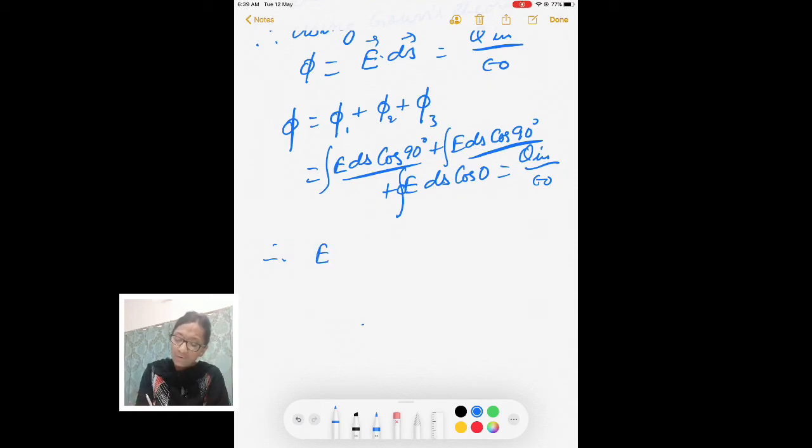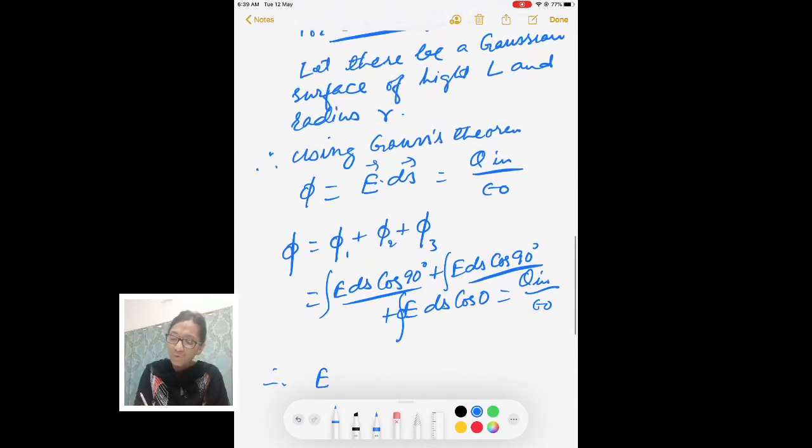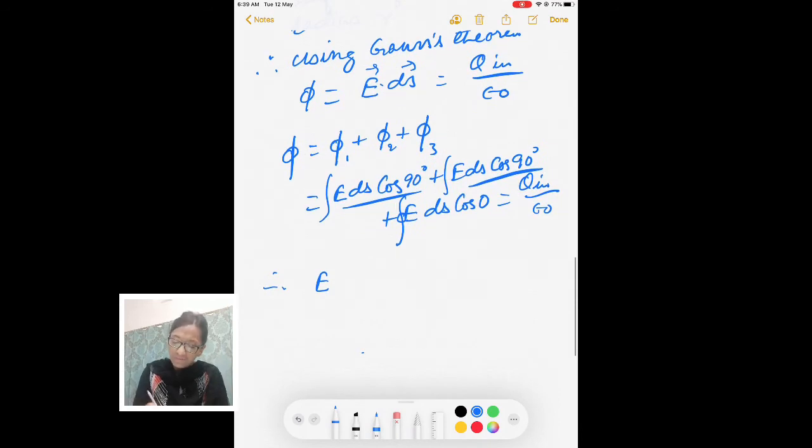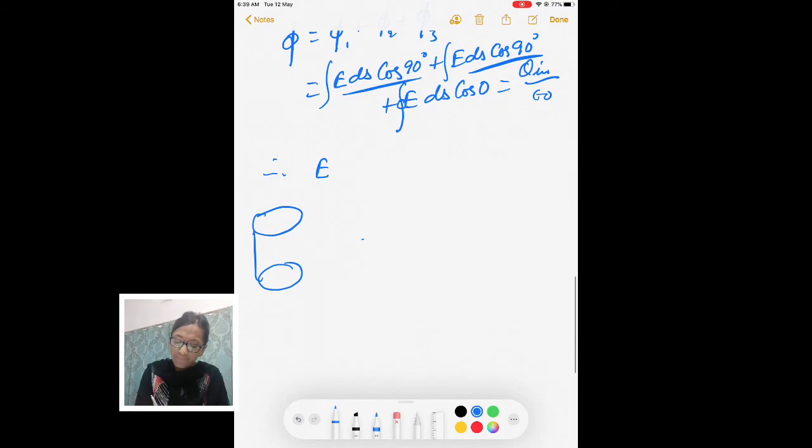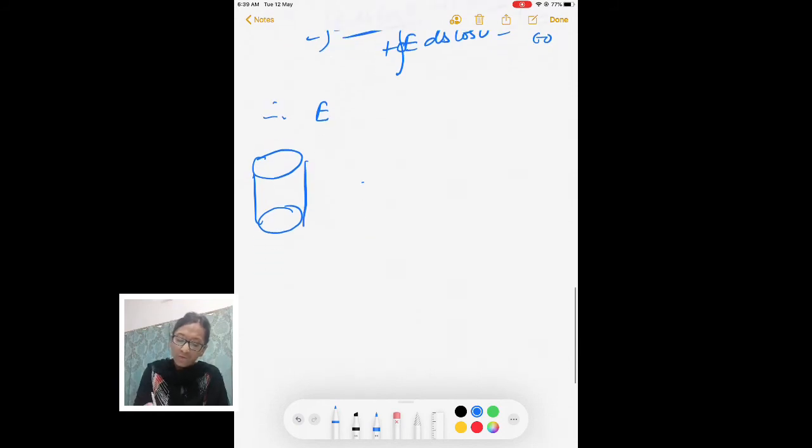that E into the whole surface area is equal to the curved surface area. Now when you make a cut on this curved surface area, it will open out and you will get a rectangular sheet of this shape.